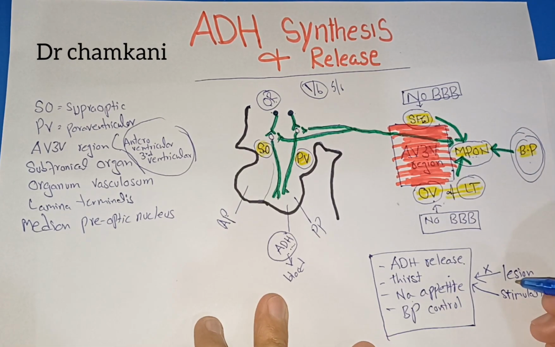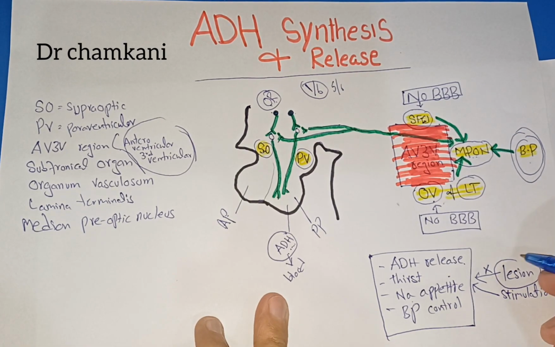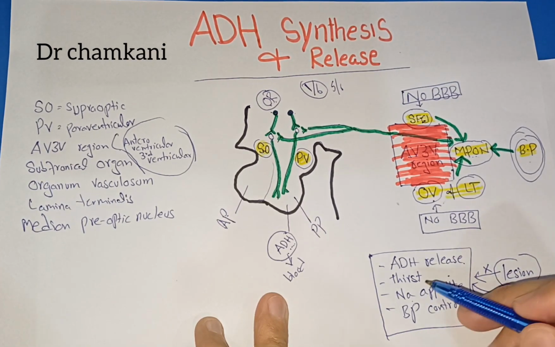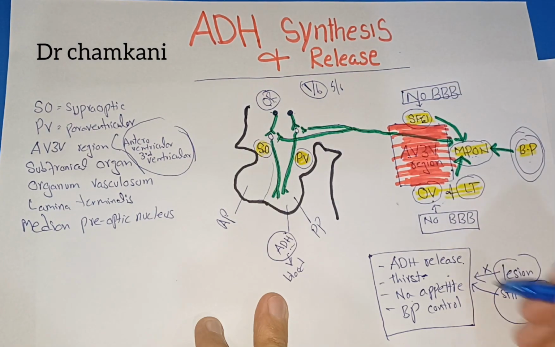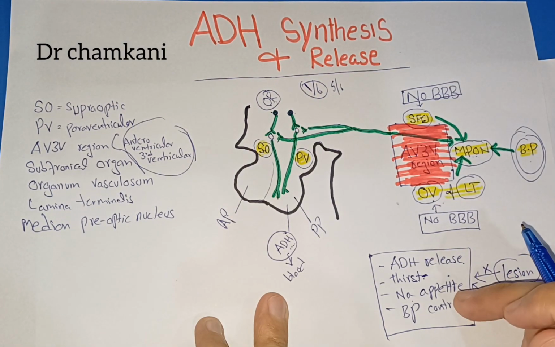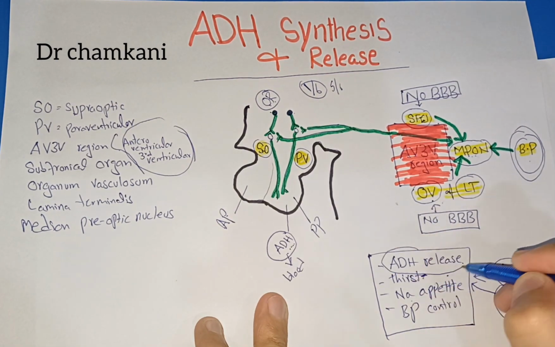Now, why would any lesion of this area lead to these abnormalities? Because normally the AV3V region is stimulated, sorry, this area normally stimulates the thirst. This region stimulates sodium appetite, and this area stimulates control of blood pressure through release of antidiuretic hormone.